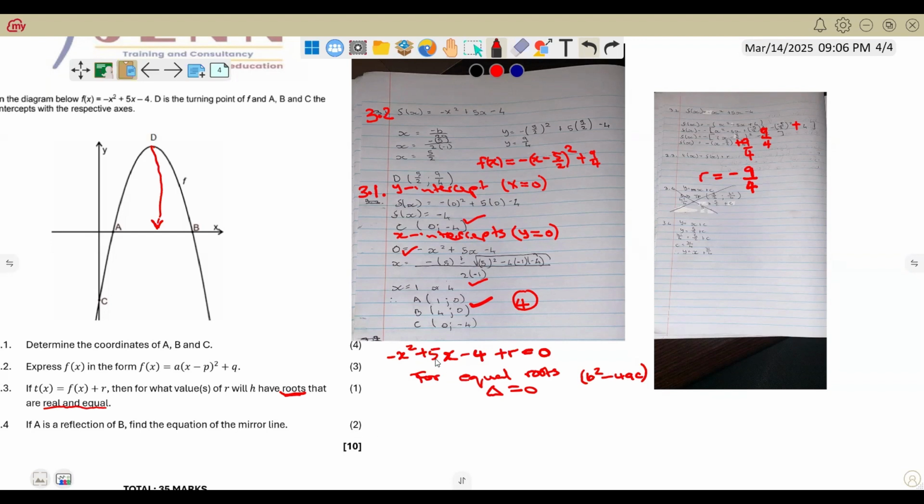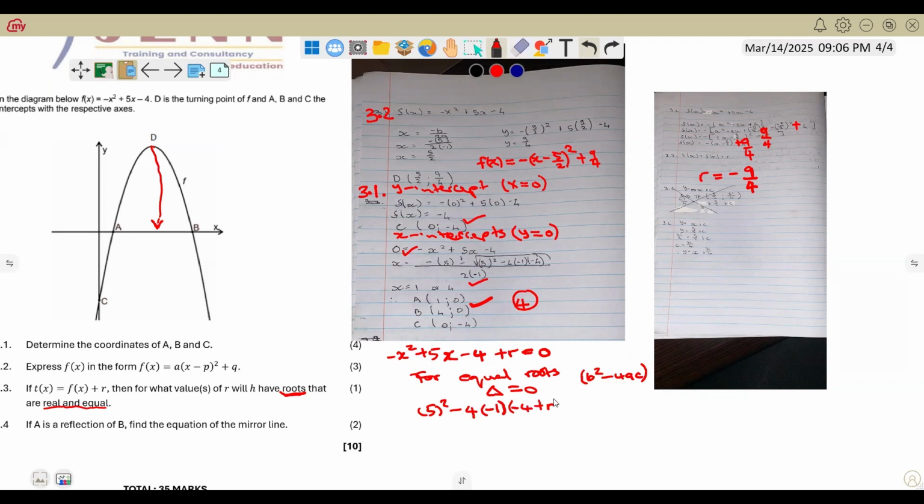What's your b here? b is equal to 5. So it will be 5 squared minus 4, what's your a? Negative 1. What's your c? Our c is negative 4 plus r, you take everything without x.